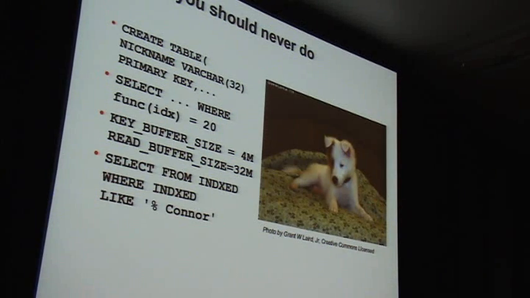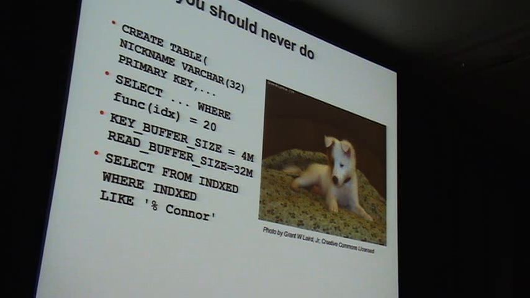That's really one of the absolute cardinal sins of MySQL, and it's one that people pretty frequently commit. You should also never do a select where a function on an indexed value equals 20. That's never going to use an index. It's not quite as egregious an example, but it's still something you should just not do.